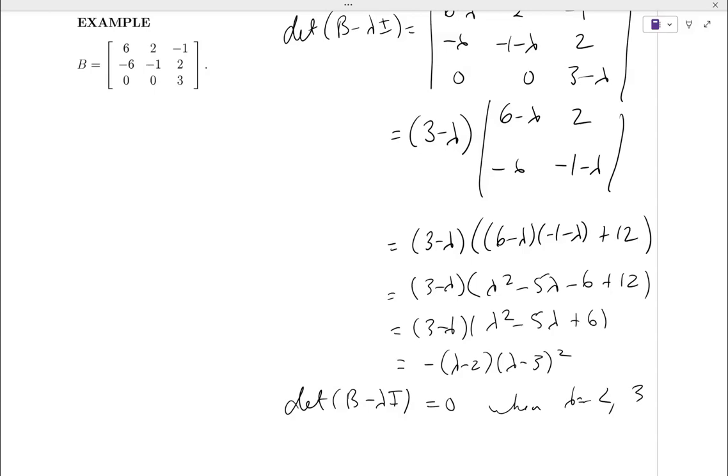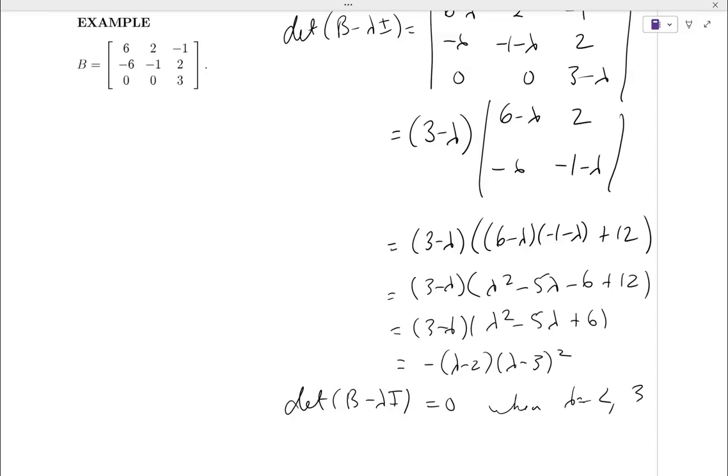I want to row reduce B minus the 3 by 3 identity times 2, because one of our eigenvalues is 2. I'll do both at the same time so I can write them down here.